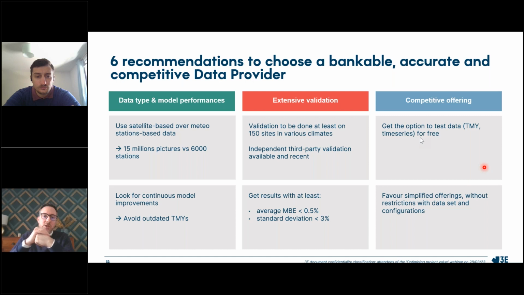I'm not the one developing the tool, but to be clear, you take your on-site measurements, you make correlations between the long-term data sets and your measured data, and then you extrapolate using Pearson coefficients. So timestamp to timestamp, and then you have a long-term time series by using a correlation factor.